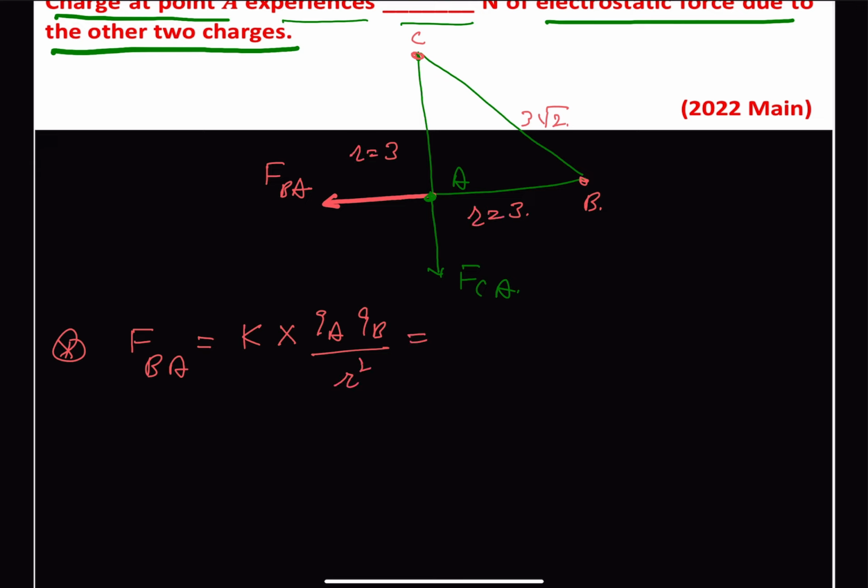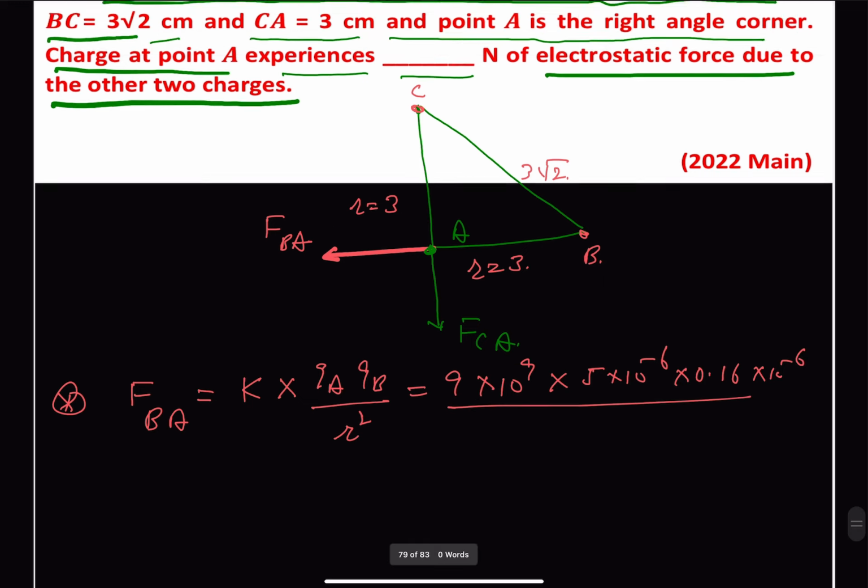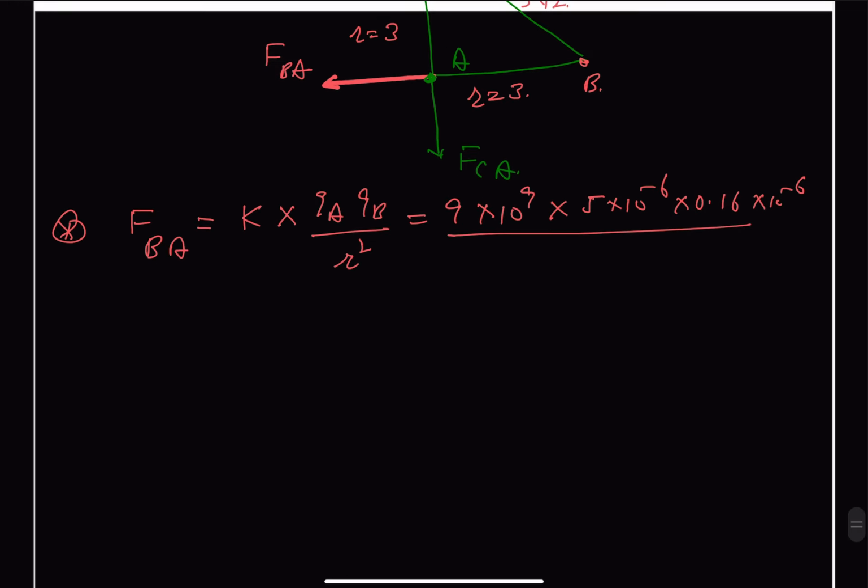So we get 9 into 10 to the power 9, QA is 5 into 10 to the power minus 6 and 0.16 into 10 to the power minus 6. It is 3 centimeter, so it comes at 0.03 whole square. So we get our FBA will be equal to 8 Newton.